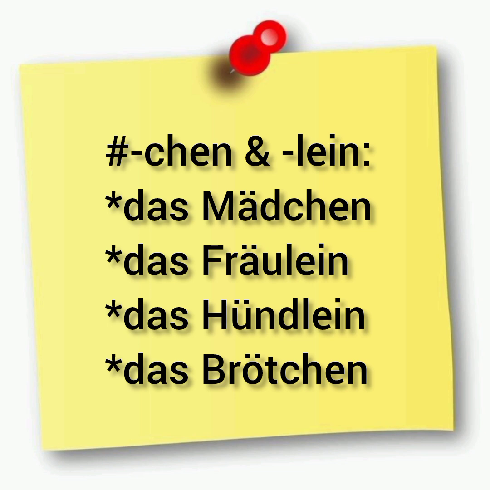Then you also have das Brötchen. Das Brötchen, which is like a bun, okay? So once again, the examples are das Mädchen, das Fräulein, das Hündlein. Then there's das Brötchen. Remember, Brötchen is like a bun, the one you use maybe in a hot dog, okay? Brötchen.